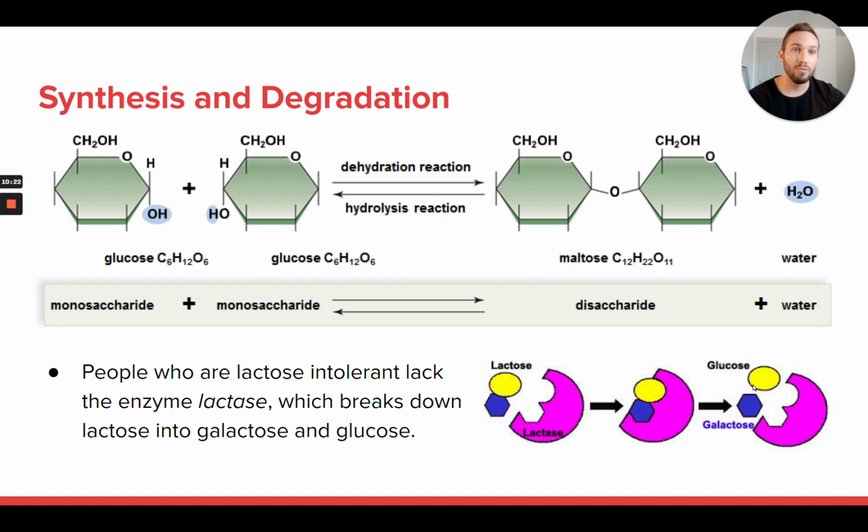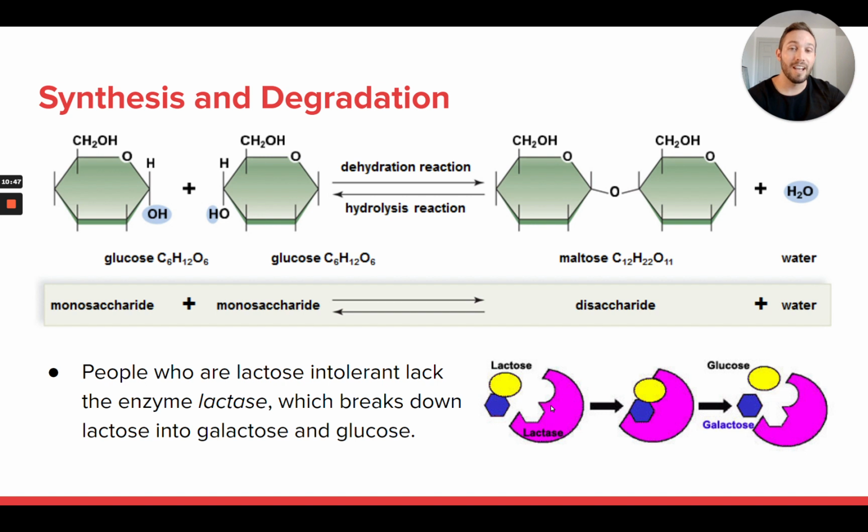And so when you consume lactose, this sugar, this disaccharide, your body and your cells and your digestive system are not very happy, because they're not able to break it down into these simpler sugars that the body can then metabolize and use for energy. And that's because of this enzyme here. And so if you're not lactose intolerant, it's because you have plenty of lactase being produced in your body.